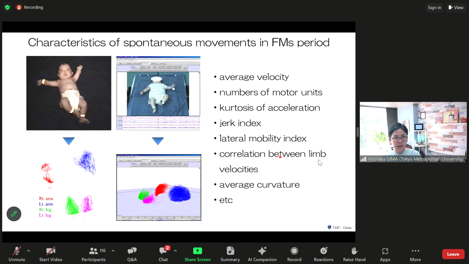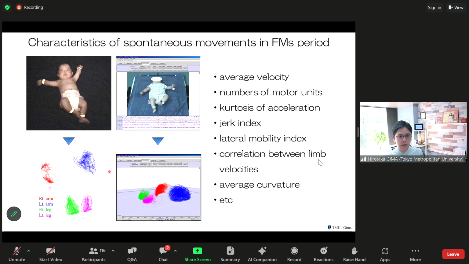We measured the spontaneous movement of the infant in early infancy using a video camera and 3D motion capture system, extracted the coordinate data of limb movement and made it into a trajectory.